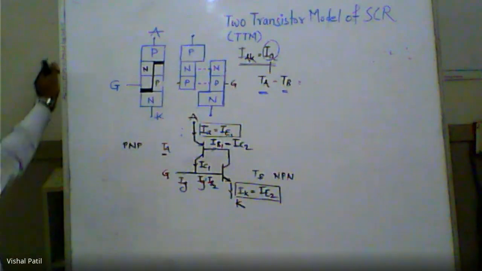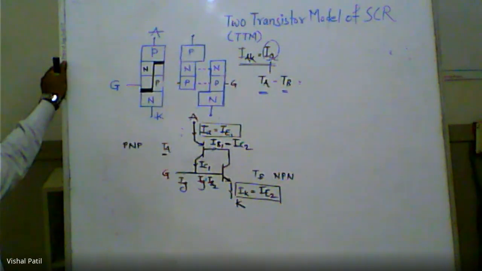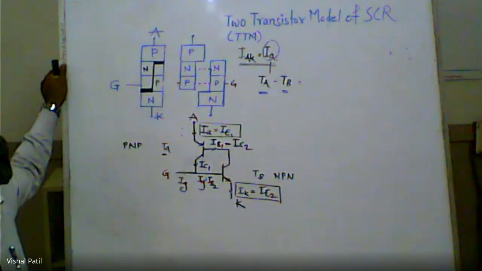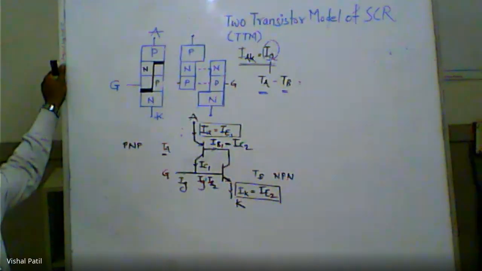We need to show the correlation of the anode current to that parameter of the transistor which will actually control the current. And hence we can conclude that the SCR has a two transistor analogy or two transistor model.